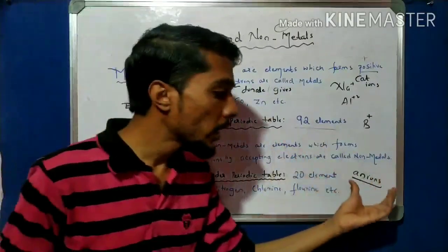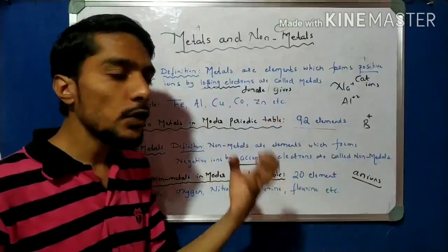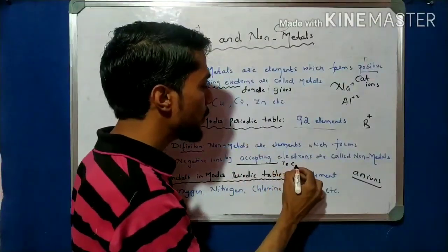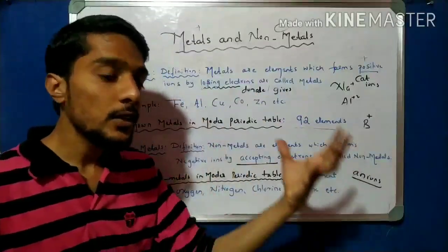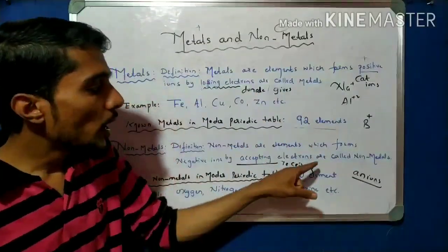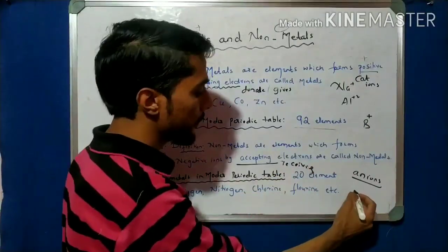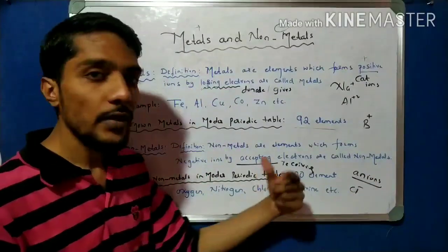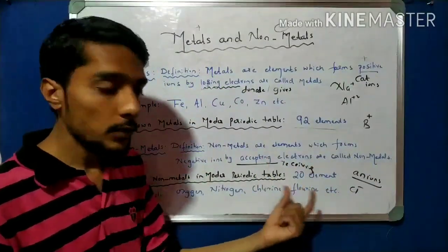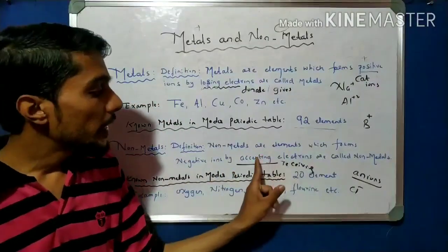Why do they form anions? Because of accepting, receiving the electron. If they accept the electron, they get a negative charge. For example, we write chlorine as Cl minus, fluorine as F minus, nitrogen as N minus, because they accept electrons.